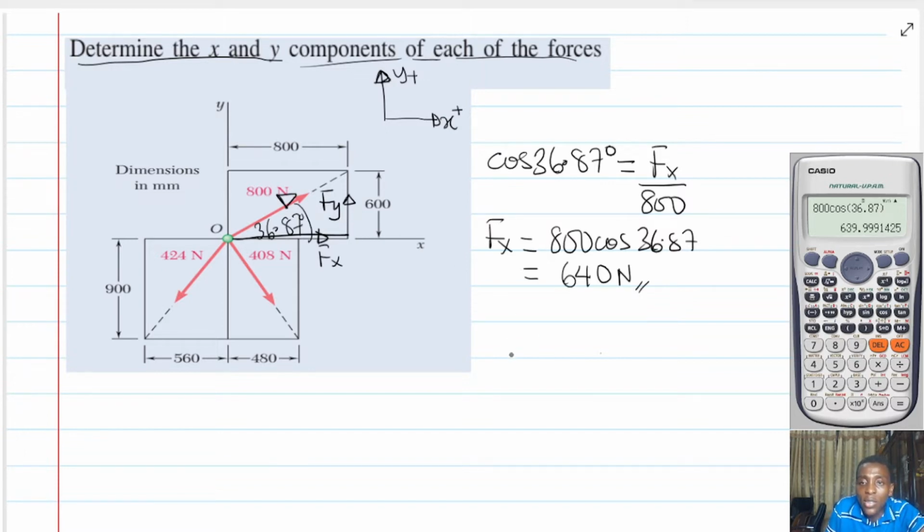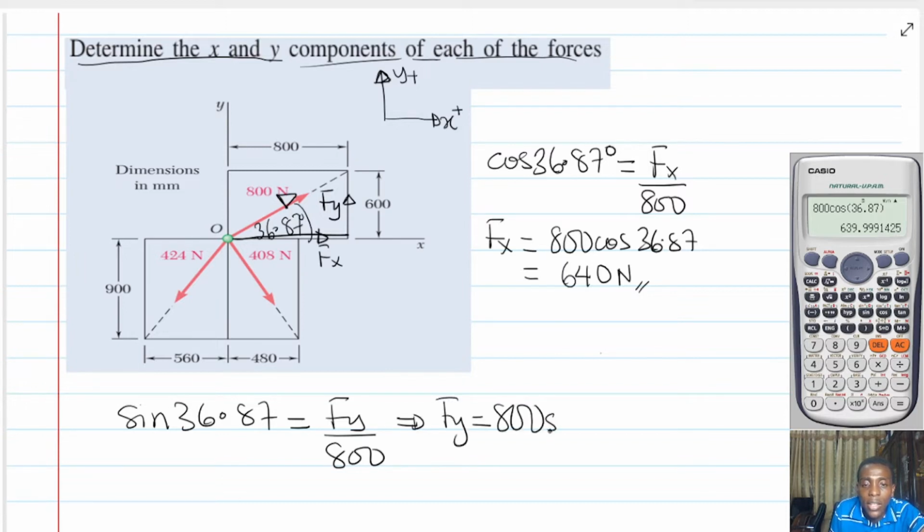Now using sine, so this time around, let me use sine. Let me write it here. So using sine 36.87, I'm going to get Fy, which is the opposite, divided by the hypotenuse, which is 800. From here, I can say that Fy is going to be 800 sine 36.87.